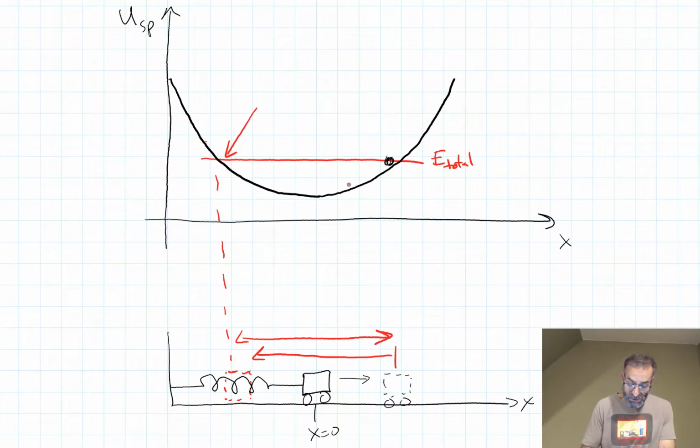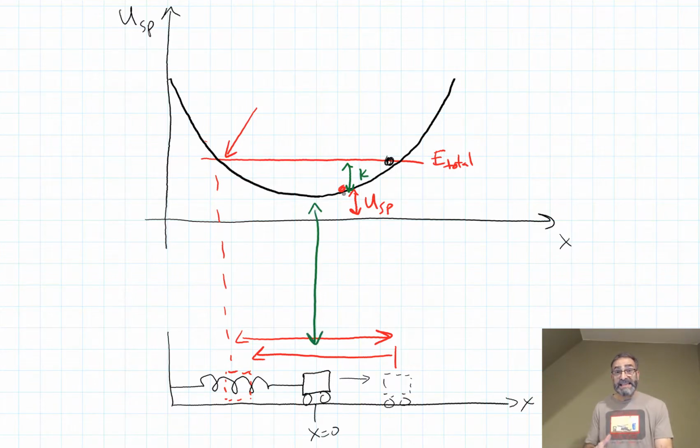As the mass moved to lower spring potential energy, like let's say here, it would gain kinetic energy. And at the lowest point here, that's the equilibrium position of the spring, the object would have its greatest speed, its greatest kinetic energy, and its lowest spring potential energy.